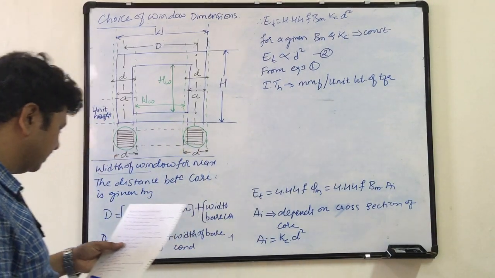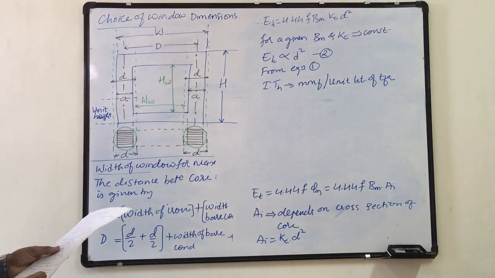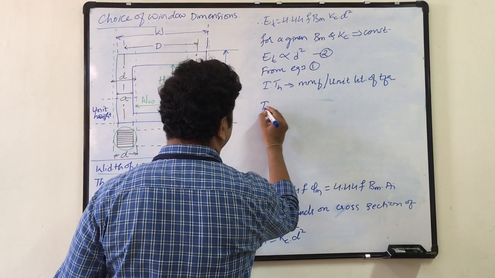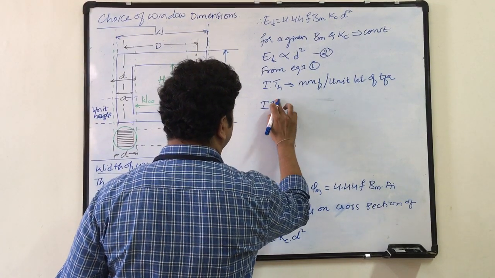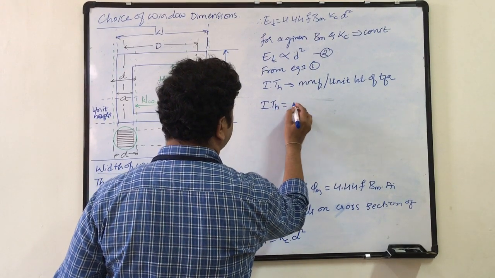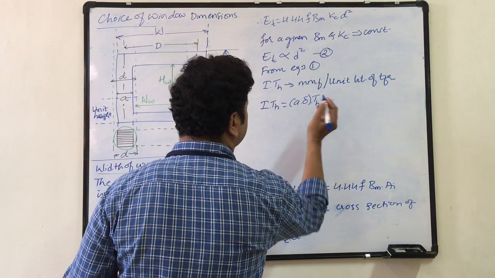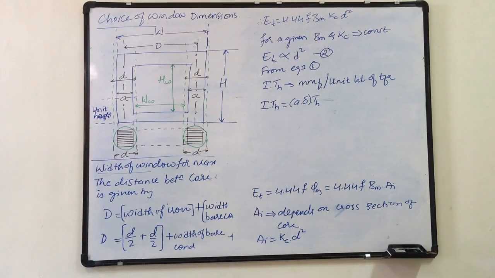So I can write I into Th is equal to, in place of I can write A into delta into Th.